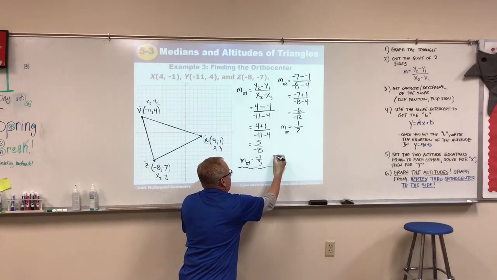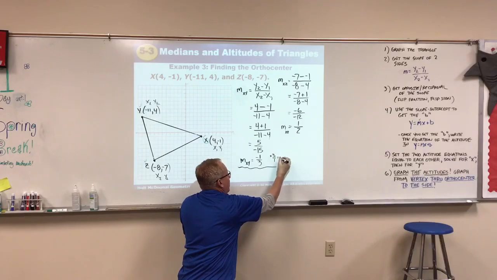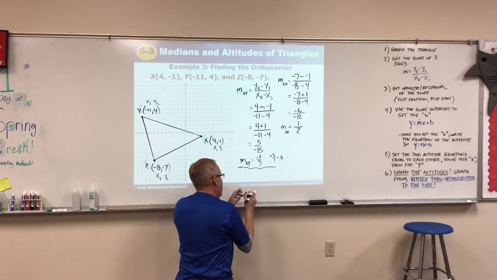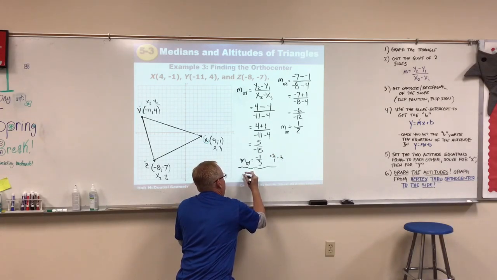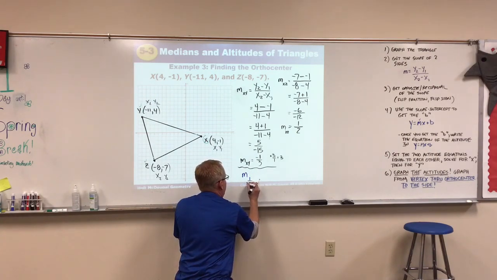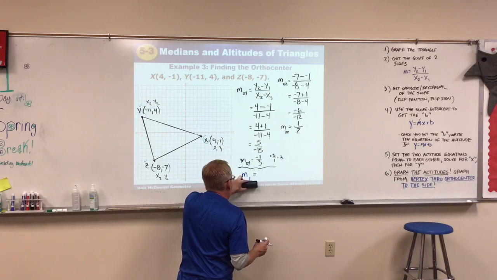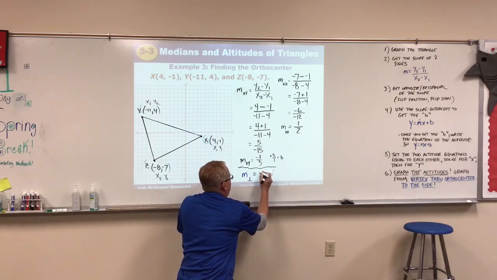So 1 over 3 changes to 3 over 1, and negative changes to positive, and 3 over 1 is 3. So the perpendicular slope for xy is equal to 3.